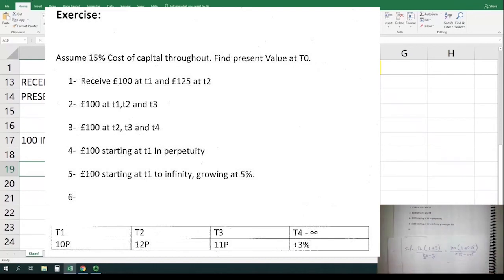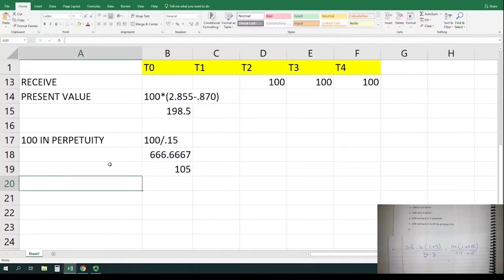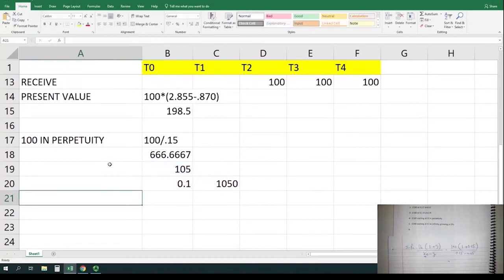And if you solve this equation, you would actually find out your answer. 100 times 1.05, 1050, £1,050.